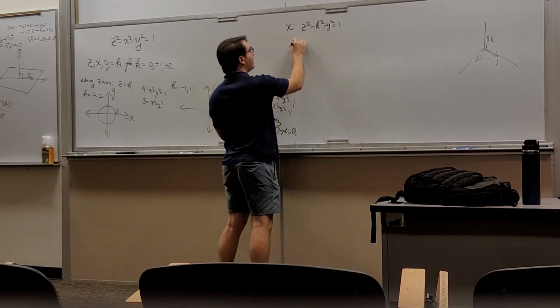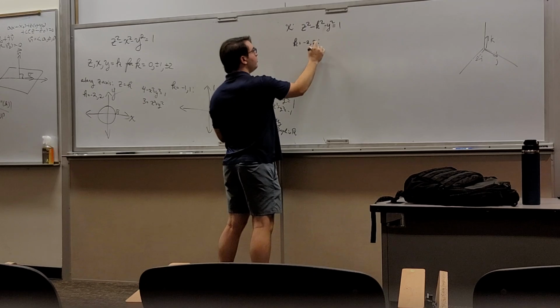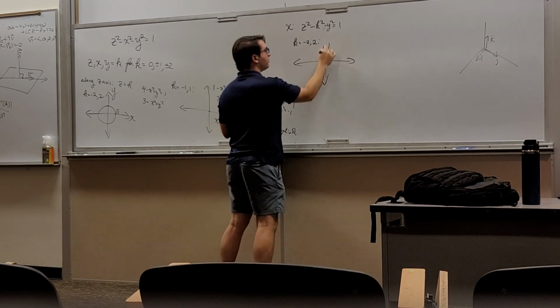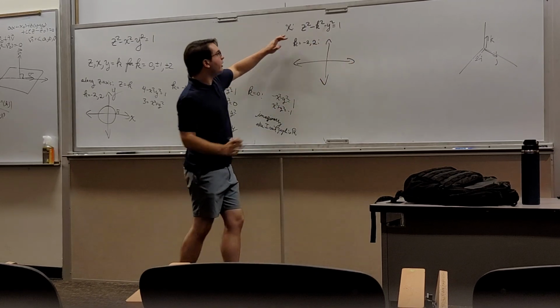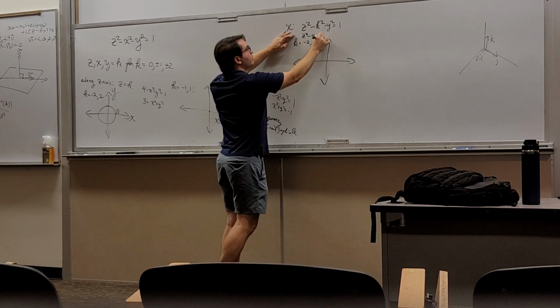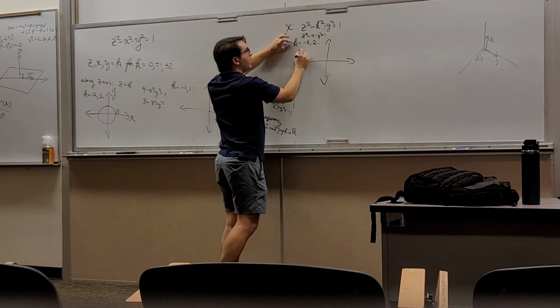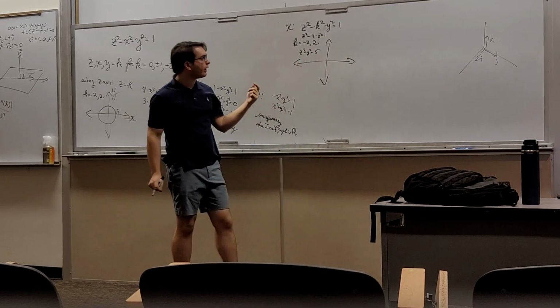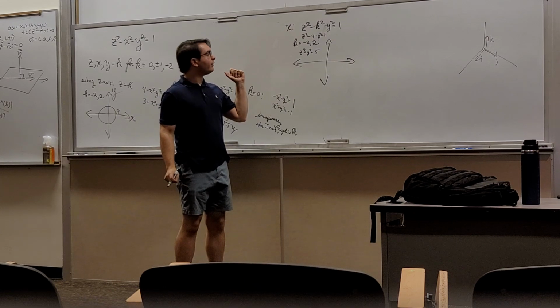Now we're going to do it for K equaling minus 2 and 2. Alright, so here I have that Z squared minus 4 minus Y squared equals 1. So here I'm going to get that Z squared minus Y squared equals 5. Alright, so now how do we graph that?